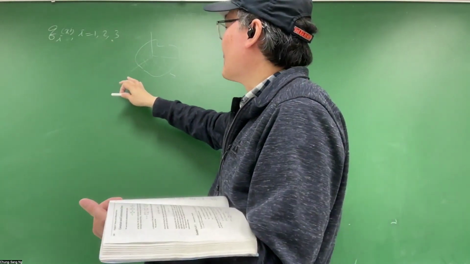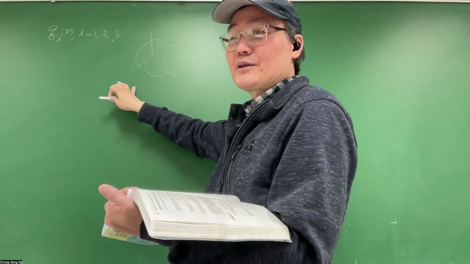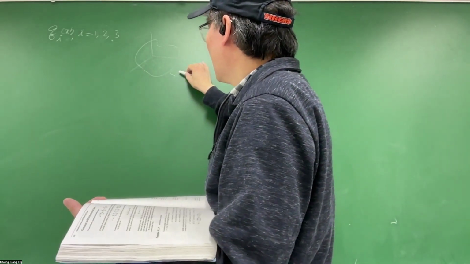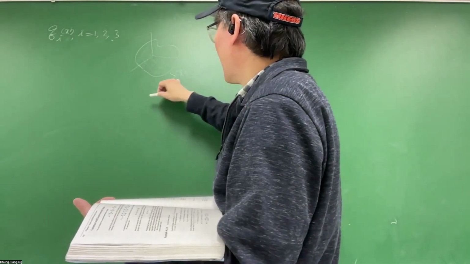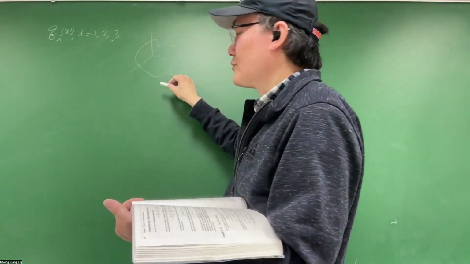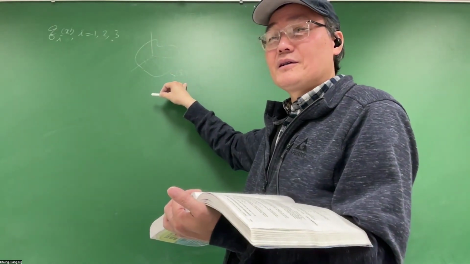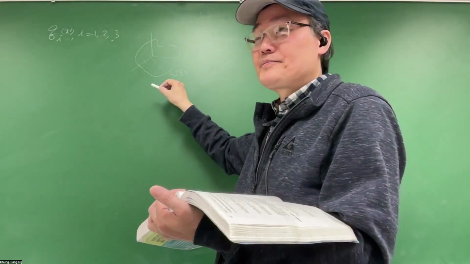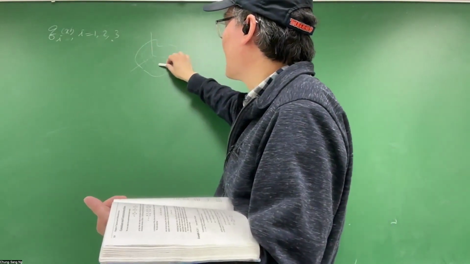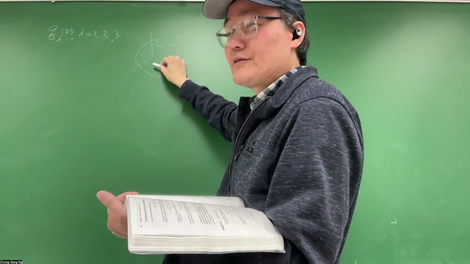But that is sometimes not convenient, because if you do that, you always need to specify your surface. There's an equation you need to satisfy. All the points on the surface need to satisfy a certain equation, and that can be cumbersome. So in many situations you want to work on the surface itself.